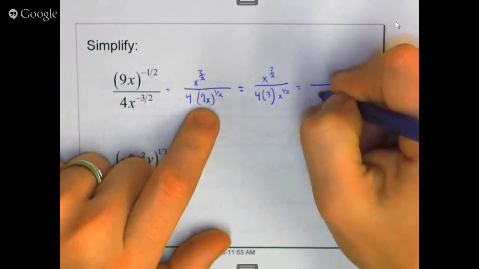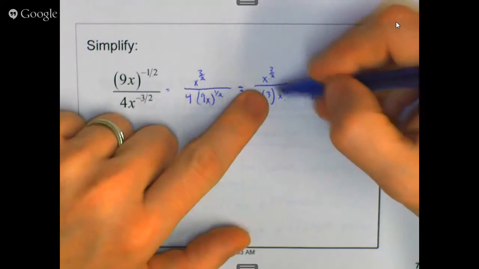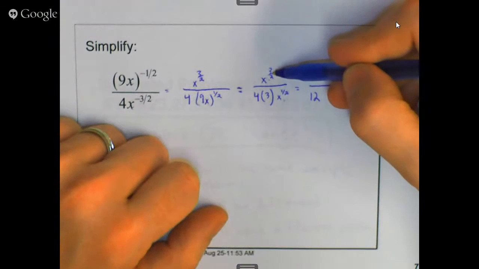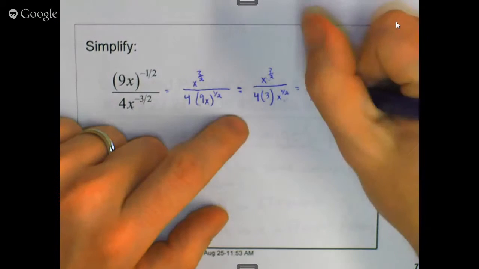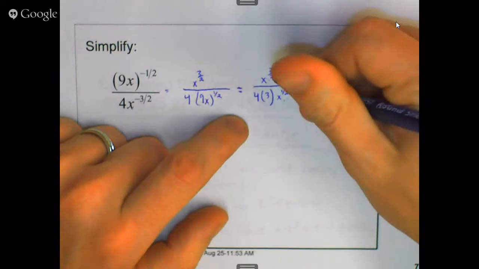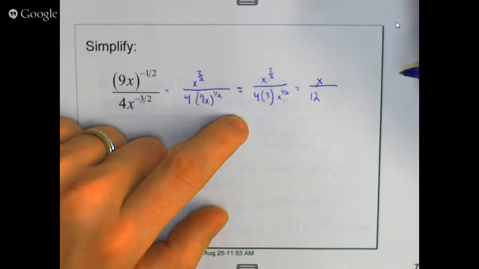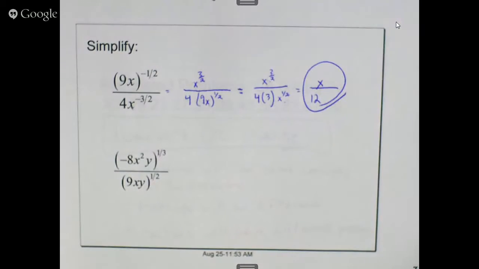So I get 12. And notice I have x on the top and the bottom. Well, where are there more x's? Well, there's half down here, and there's 3 over 2 up here. So there's more x's on the top. How many more? Well, 3 over 2 minus 1 over 2 is 1. So x over 2 is your answer there.